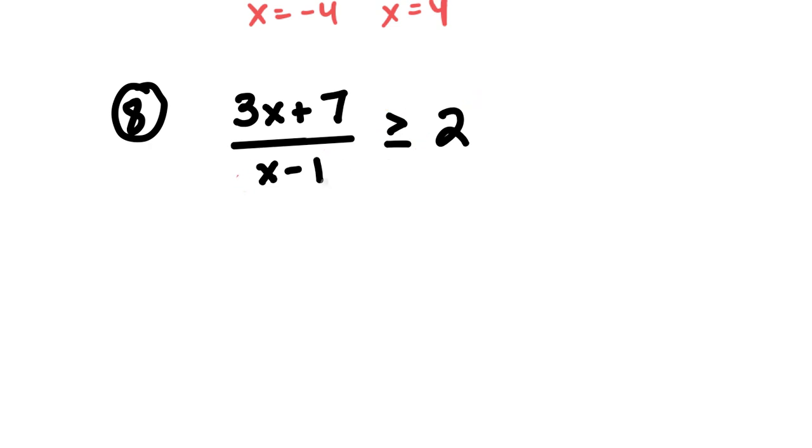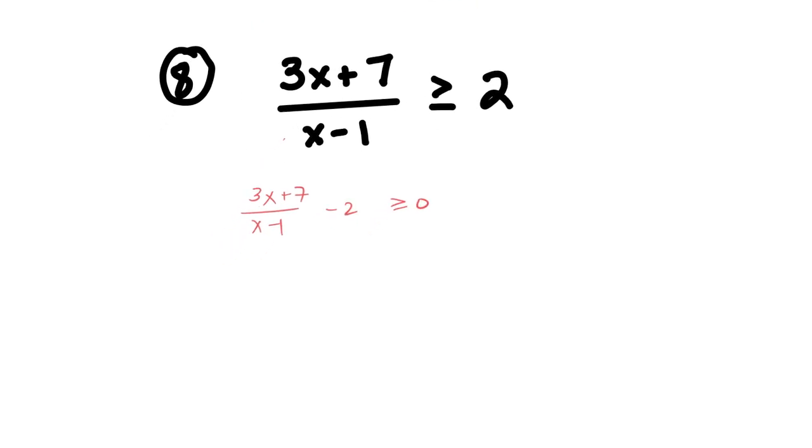So the trick to that is to set it all equal to 0. So what I'm going to do is take the 3x plus 7 over x minus 1 and subtract 2 from it, and make the right side equal to 0. Now what I want to do is get all of this under one fraction. So I'm going to multiply both of these terms by x minus 1.